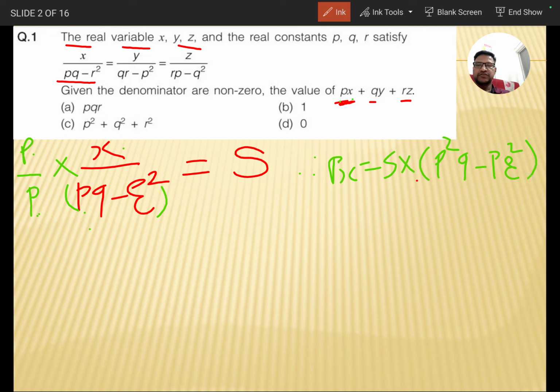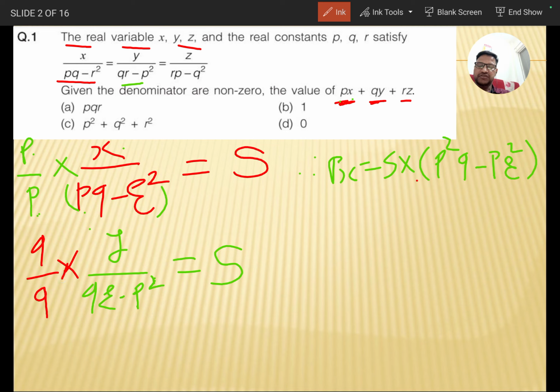Am I right? Same thing for the second term also. The second term is y divided by (qr minus p square), and again I assume that this is the s value. If I multiply by q and divide by q, it does not change the entire equation.